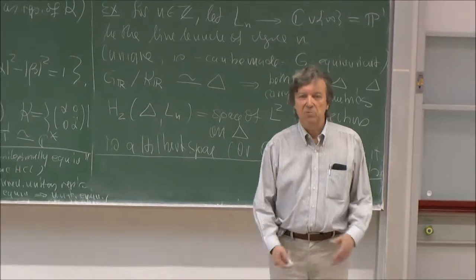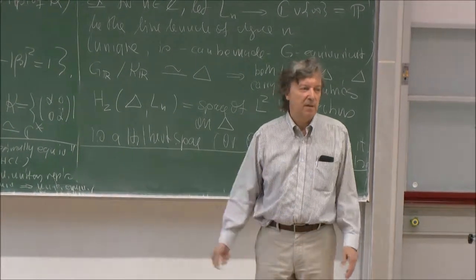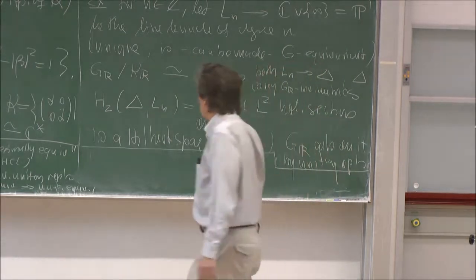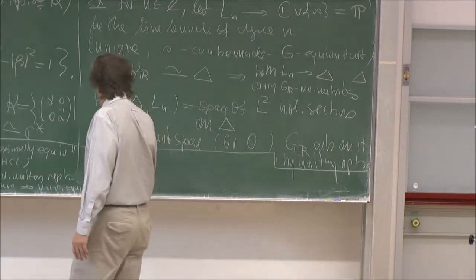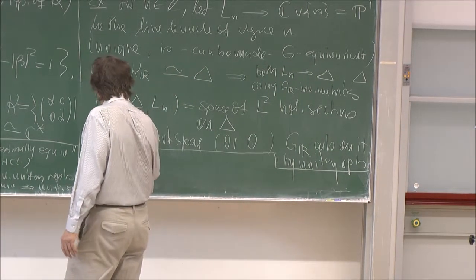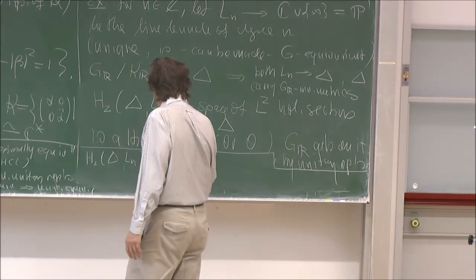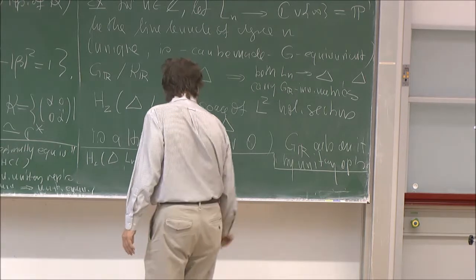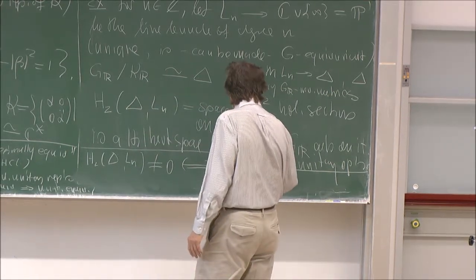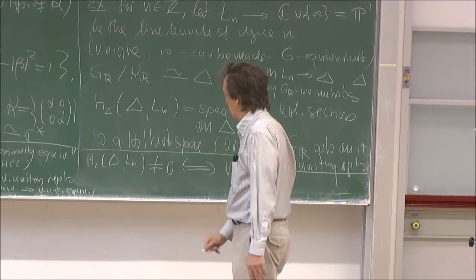The person who first formally stated this was Bargmann in '47, and the first really significant paper in this subject showed that H2(Delta, L_n) is not equal to zero if and only if n is less than or equal to minus 2.